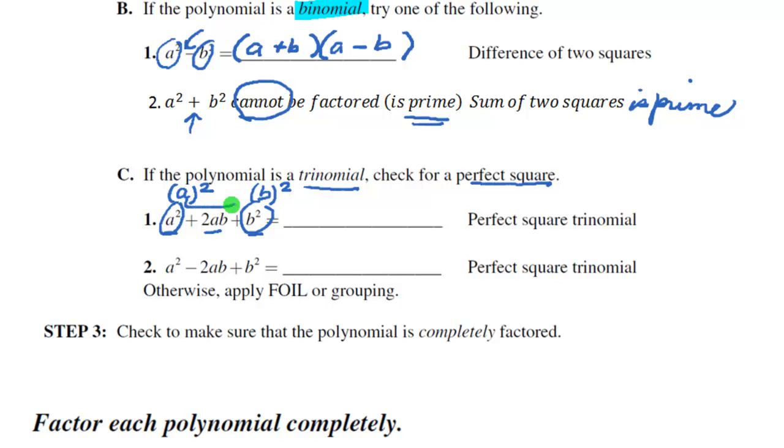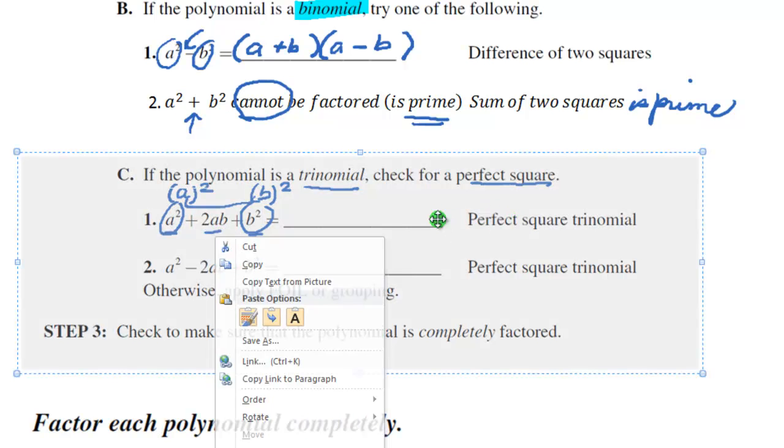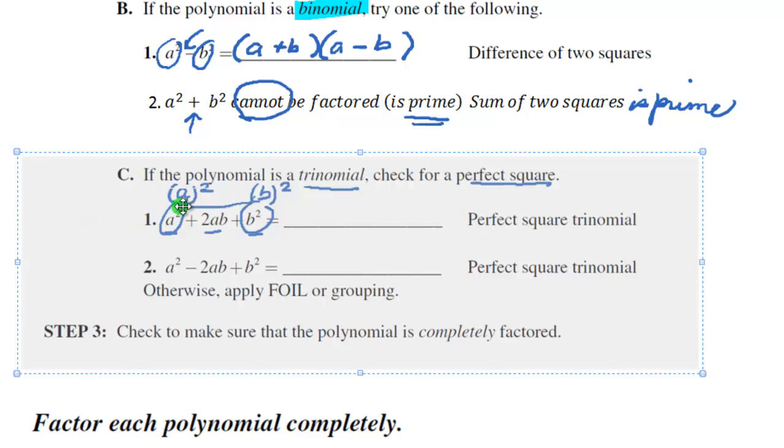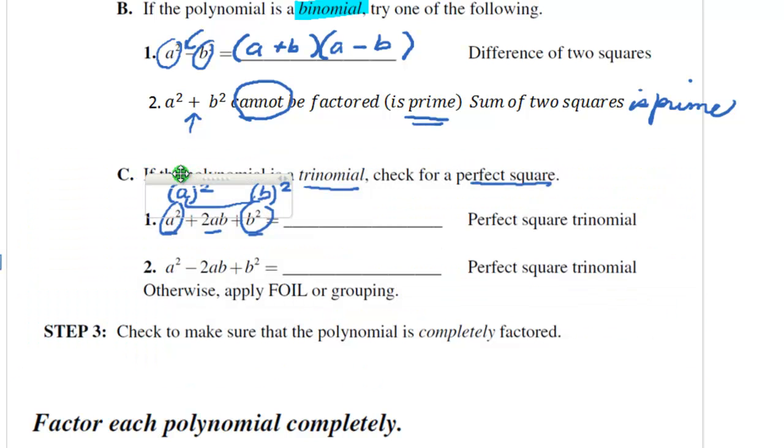You multiply those 2 expressions, a times b, and if you double that and you get the middle term, then you have a perfect square trinomial. As you recall from previous videos, that would be factored as a plus b squared.